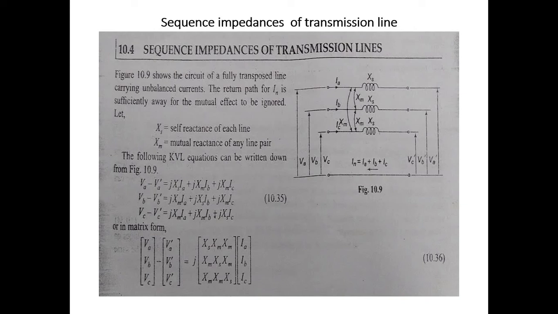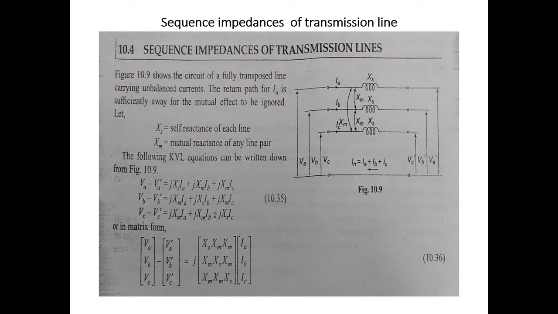Similarly, for line B, VB minus VB dash is equal to J XM IA plus J XS IB plus J XM IC. And for line C, VC minus VC dash is equal to J XM IA plus J XM IB plus J XS IC.